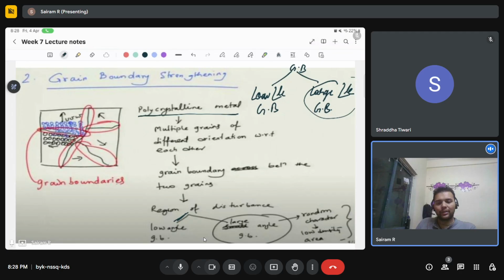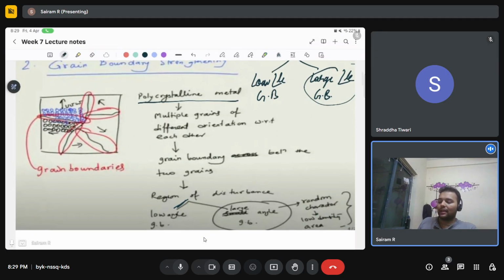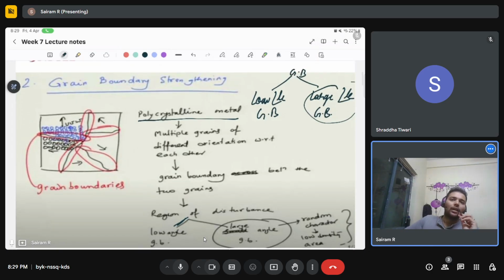In the case of grain boundaries as well, because of the mismatch in orientation across the two grains, across the grain boundaries, it is going to act as a barrier for the smooth motion of dislocations. So when we have all these large angle grain boundaries, there is going to be a pileup of dislocations.